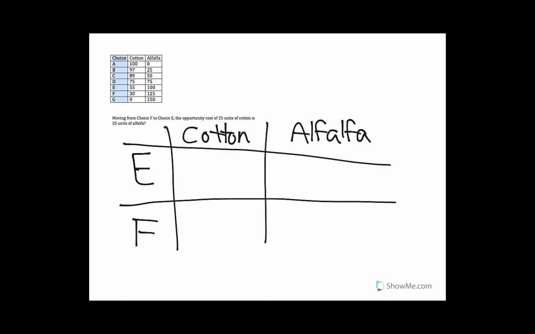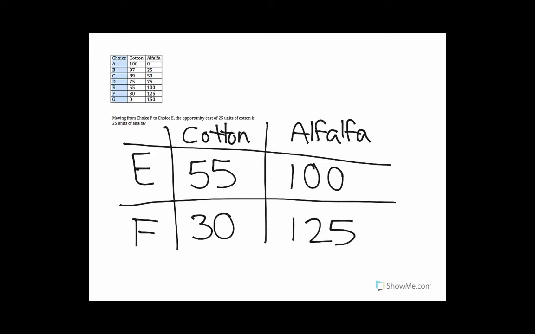At point E we can produce 55 units of cotton, 100 alfalfa, and at F we can produce 30 units of cotton, 125 of alfalfa.